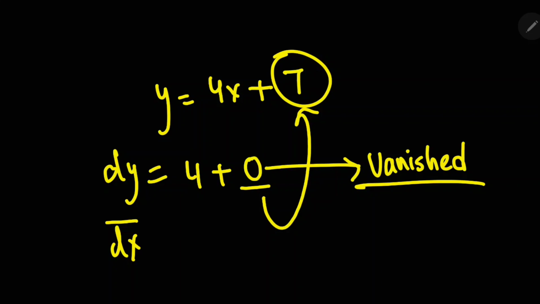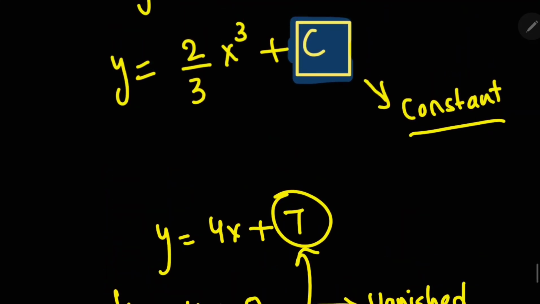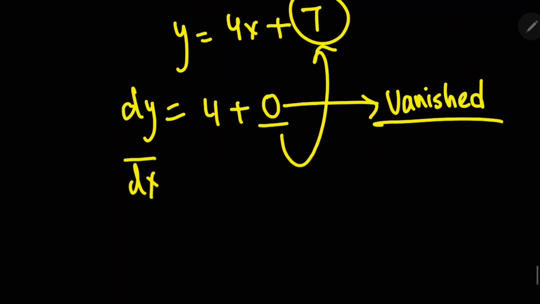But I still know that if something has vanished, it must be a constant. So in order to keep that possibility, I need to write the constant here. For that, I write c. It may be a constant, but with a lot of possibilities. Different values give us different curves, right? So the function changes accordingly. That's all in this class.